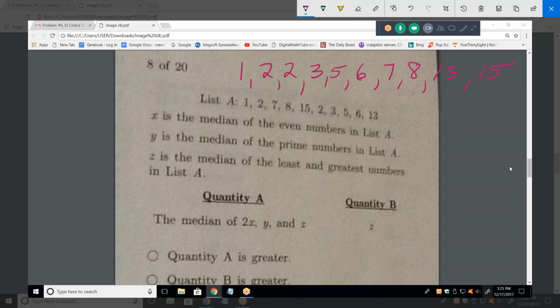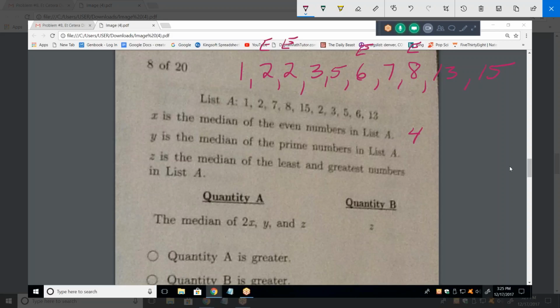What's X? Okay, let's do evens. What's the median of the even numbers? It would be between 2 and 6. 4. Exactly between 2 and 6, yes.